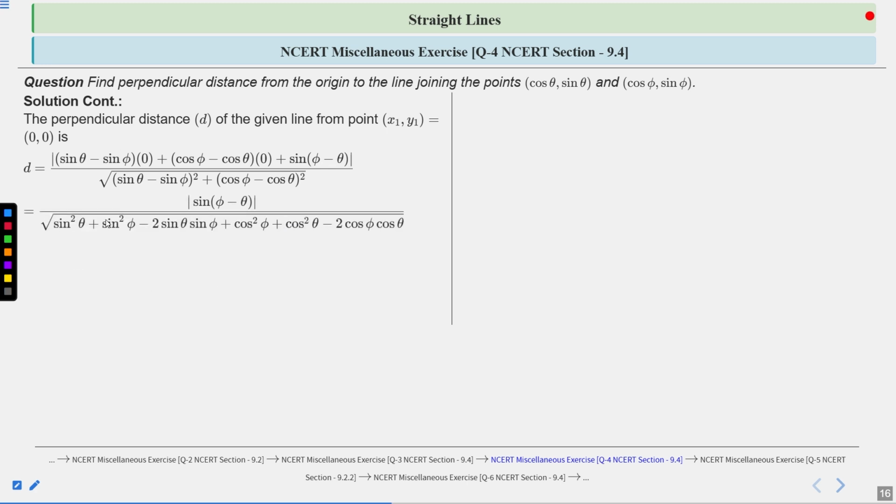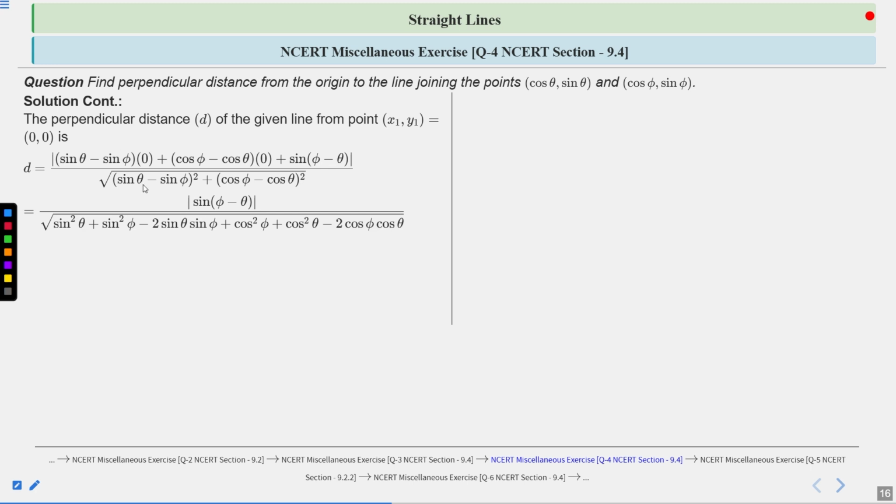So this is equal to modulus of sin of (phi minus theta) divided by square root of sin square theta plus sin square phi minus 2 sin theta sin phi plus cos square phi plus cos square theta minus 2 cos phi cos theta.